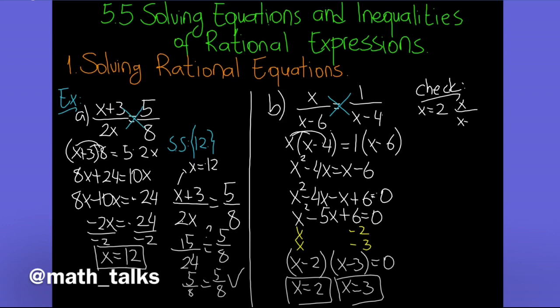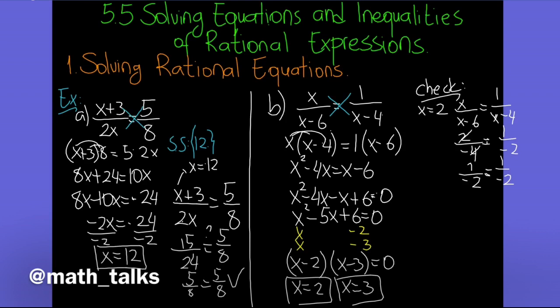x over (x minus 6) equals 1 over (x minus 4). 2 over (2 minus 6), which is negative 4, equals 1 over (2 minus 4), which is negative 2. When you simplify this, it will be 1 over negative 2 equals 1 over negative 2.